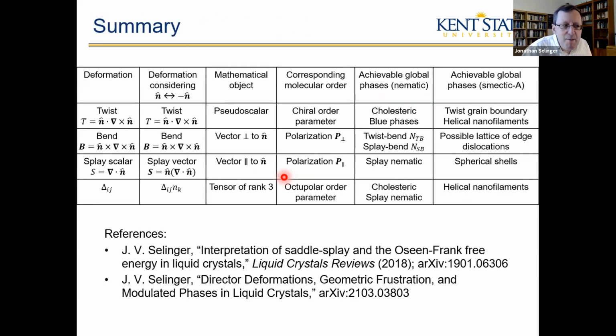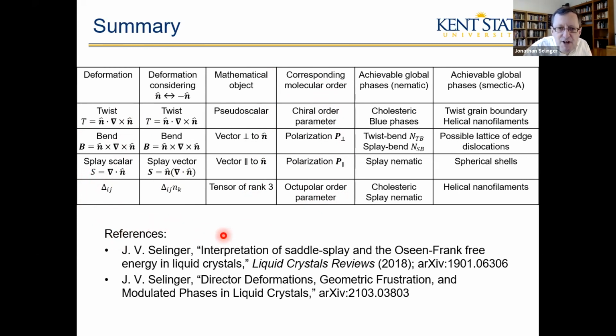All right, I'm out of time. So let me wrap up with the main conclusions of this study. That is this great big table here: there are 4 types of deformations in a liquid crystal director field. Each of these is a different type of mathematical object. Each of these couples with a kind of molecular order, so that there could be a phase that has a spontaneous tendency towards one of these deformation modes.